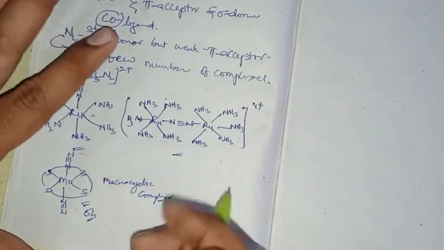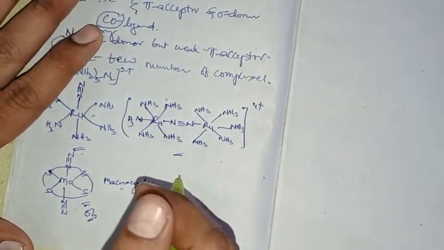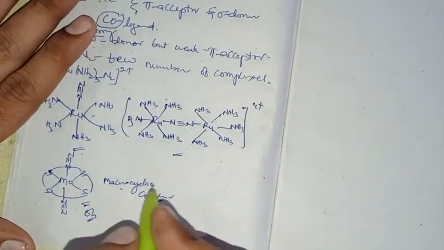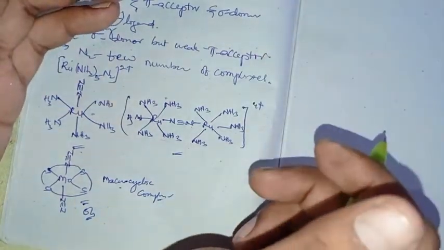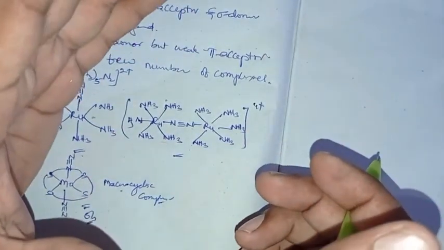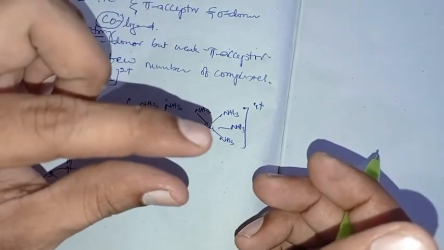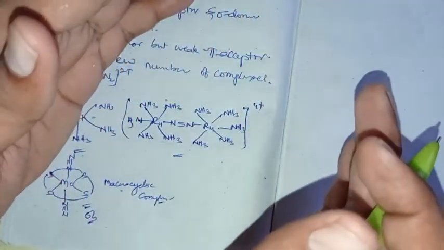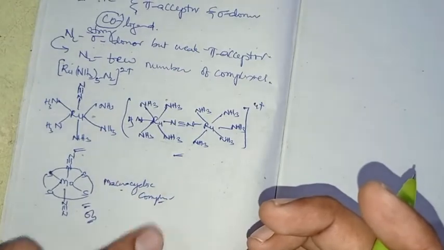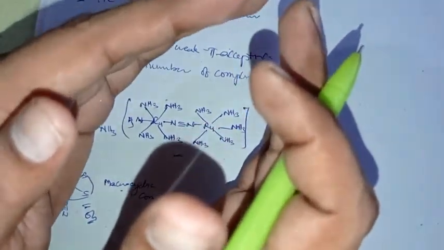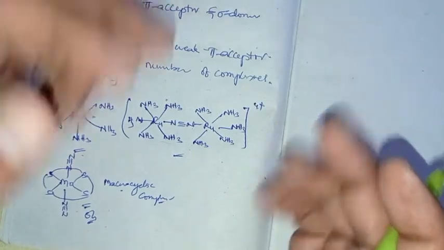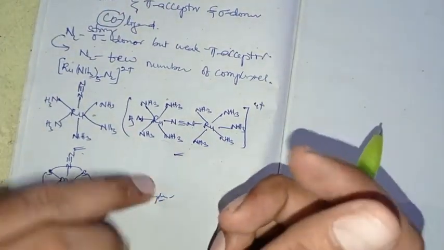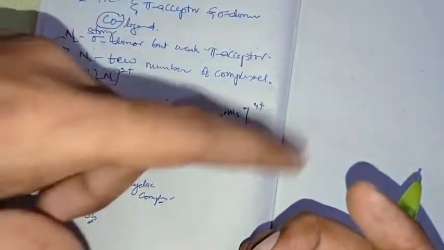Briefly, what are macrocyclic complexes? They are huge moieties. Macro means large size, micro means smaller size. So a macrocyclic compound is larger in size and is a cyclic molecule.